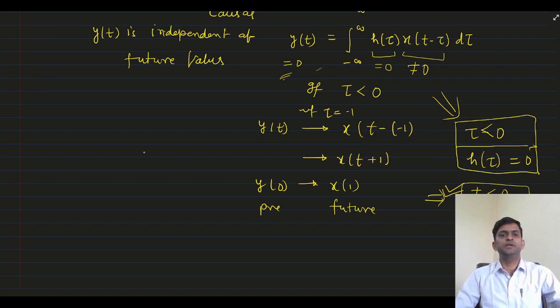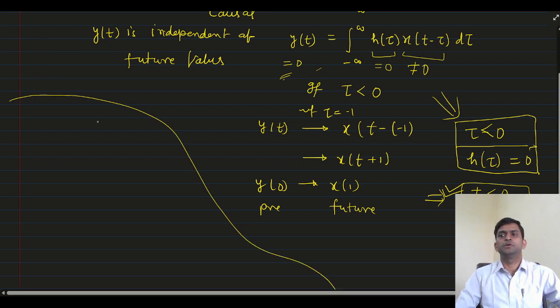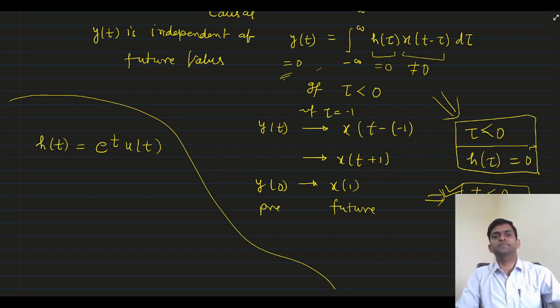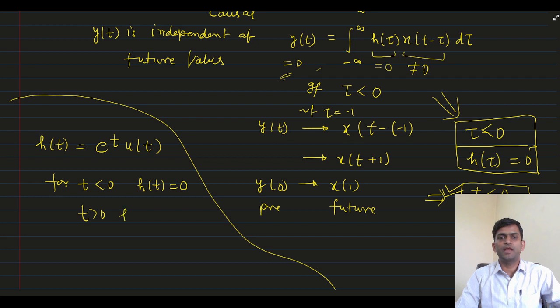For example, if I have a system h of t equal to e to the power t u of t, you can see that this particular response doesn't exist for t less than 0. H of t is 0 because u of t will be 0, and for t greater than 0, h of t will be e to the power t.